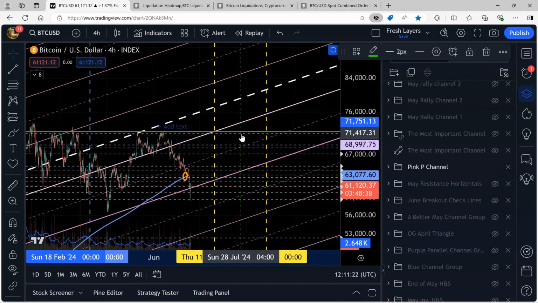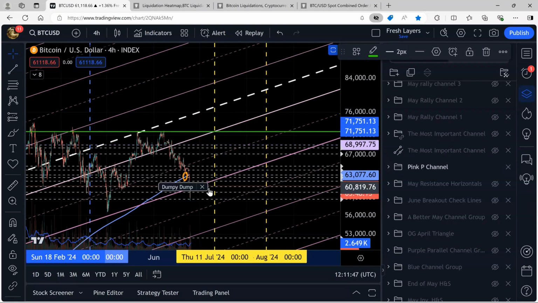I don't have it on here for some reason. It's right here where my cursor is, on the 30th and 31st of July. So maybe we chop sideways along here for a little bit, travel upwards in July back up to the top of the channel, and see what happens then.